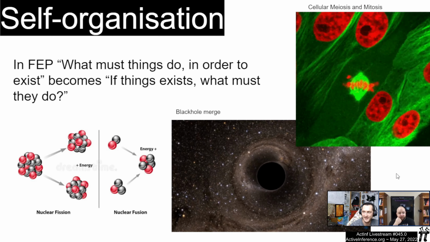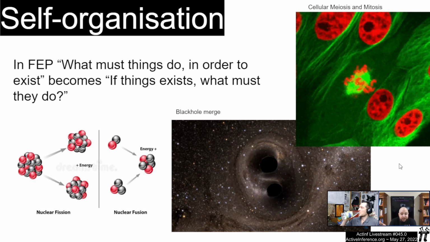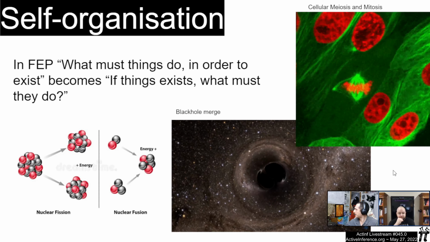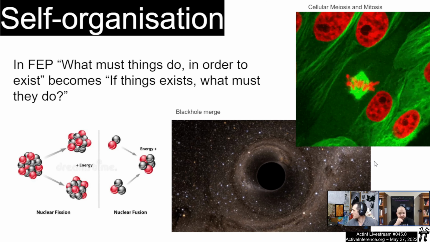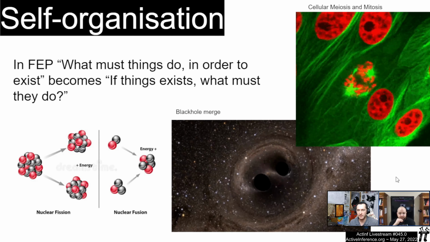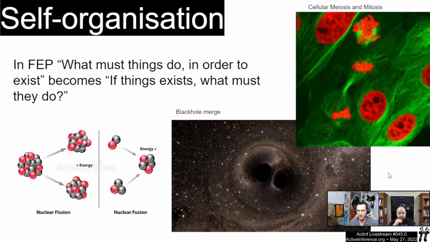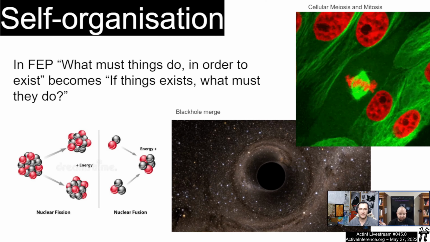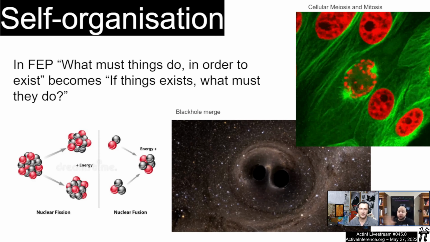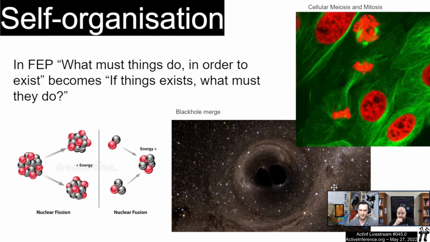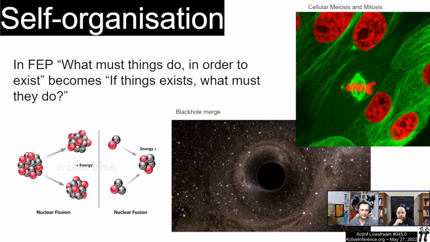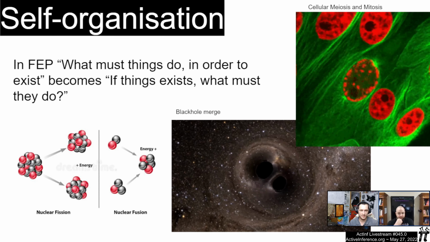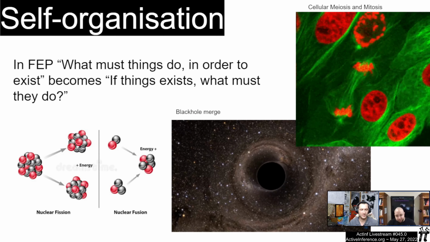These examples here of non-equilibrium systems have some asymmetry of constraints that over time causes them to take a particular path through that set of states towards one attractor or another. Cellular meiosis and mitosis here, black hole mergers, nuclear fission, nuclear fusion, very large, very small, meso in between scales here.